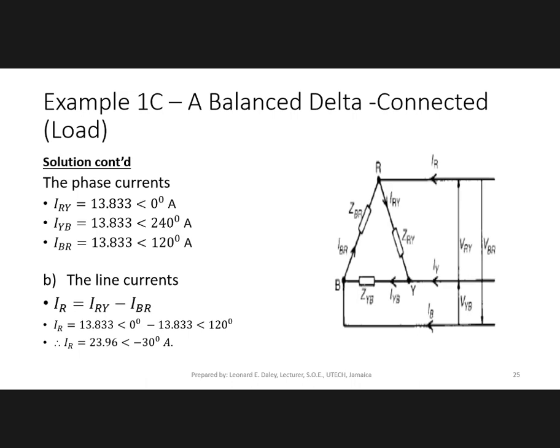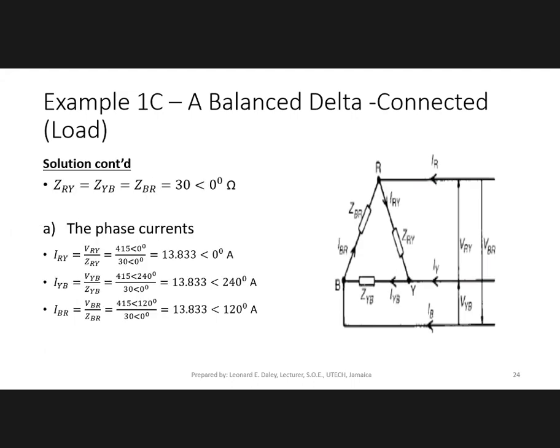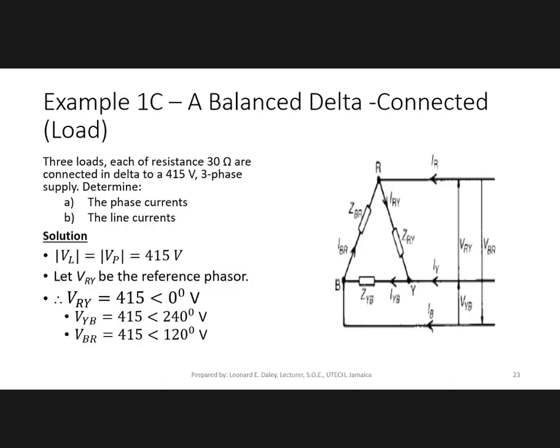Sir, just a quick question. I guess we kind of missed something in terms of the directions of the voltage. VRY is 415, and I'm kind of lost at where it says VYB is equal to 240. I'm trying to follow the direction, right?